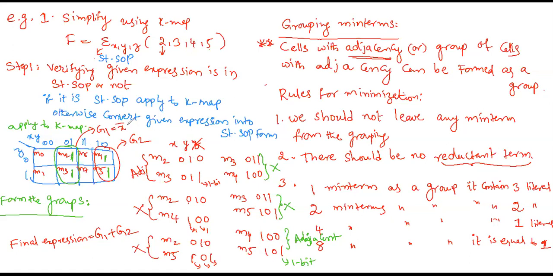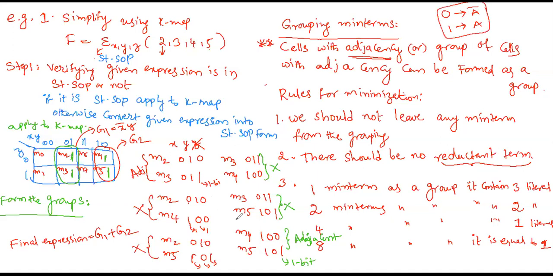Y value is 1, the variable itself. We have to consider 0 as complement, 1 as variable itself. In this manner, you need to write it down.